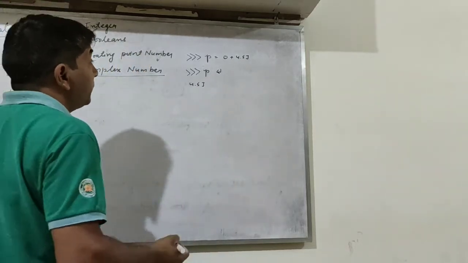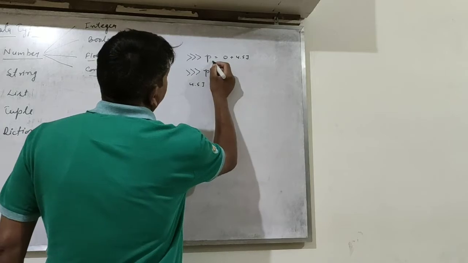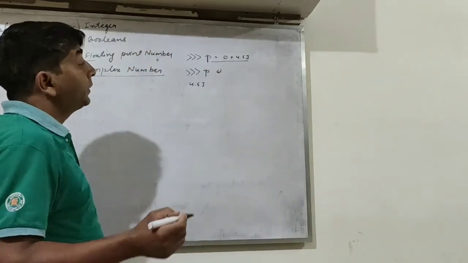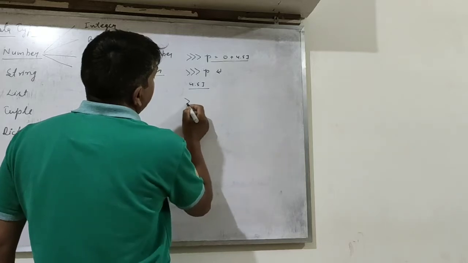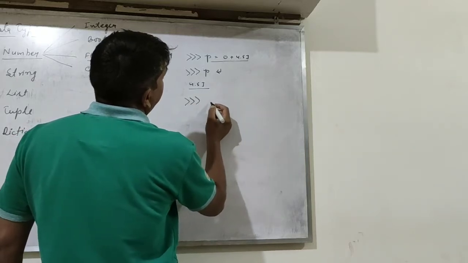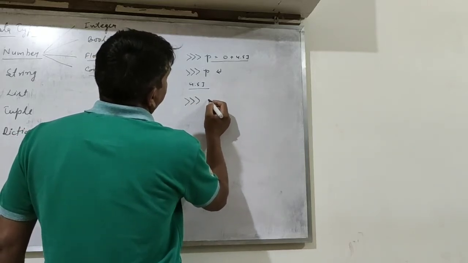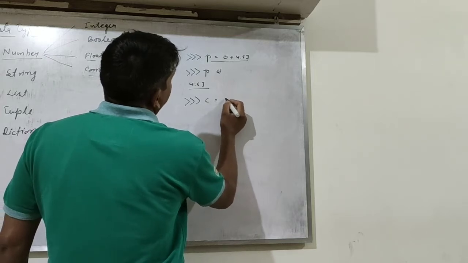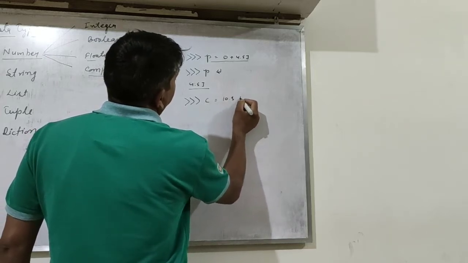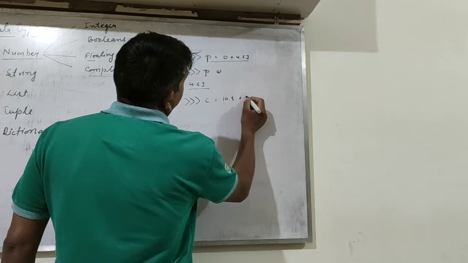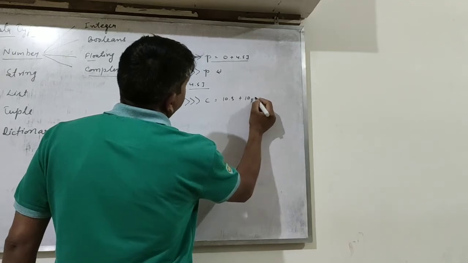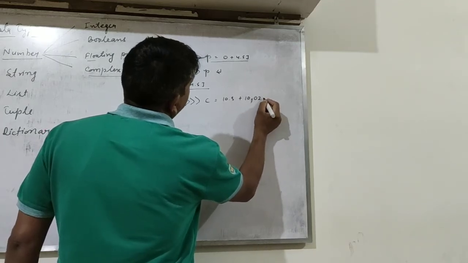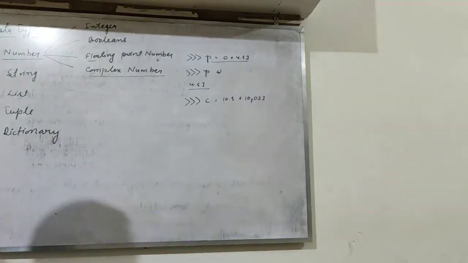Okay, next, complexity here. I'm talking about the complex number. Next we write a statement like c = 10.5 + 10.02j.